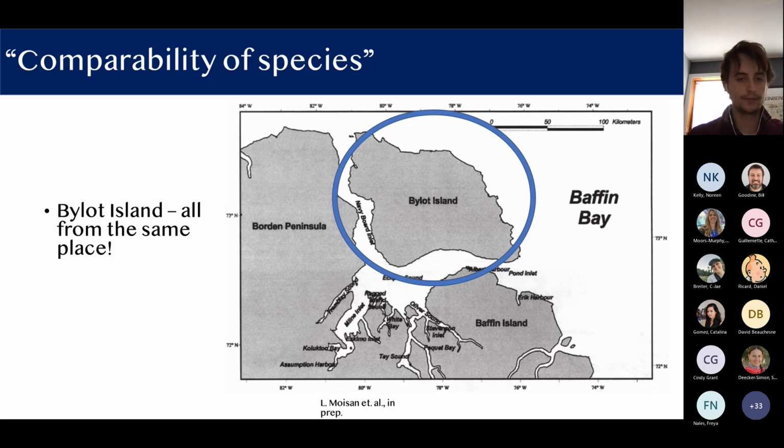Now, in order to compare different species such as waterfowl and shorebirds, we have to make some important assumptions. And when talking about them on the same level, we want to be able to compare them efficiently. And thus, we're only observing species that breed within the same habitat, which in this case is Bylot Island, which is located in Baffin Bay in the high Arctic.